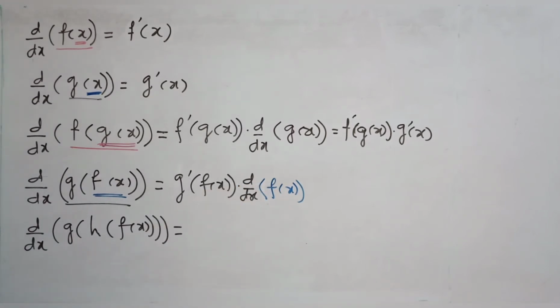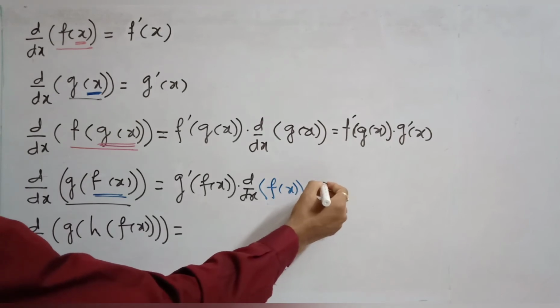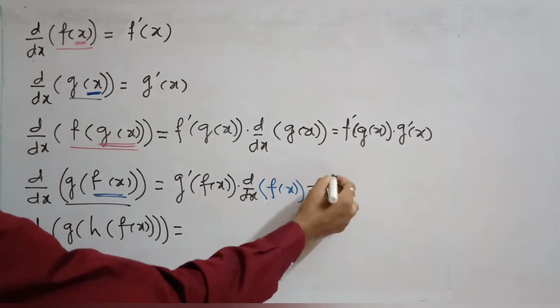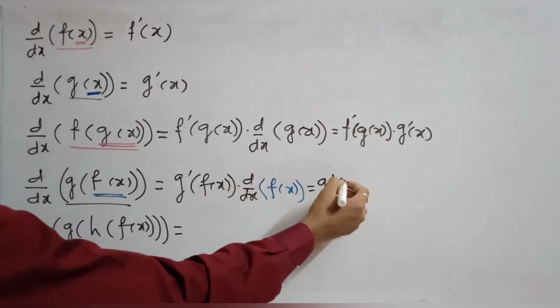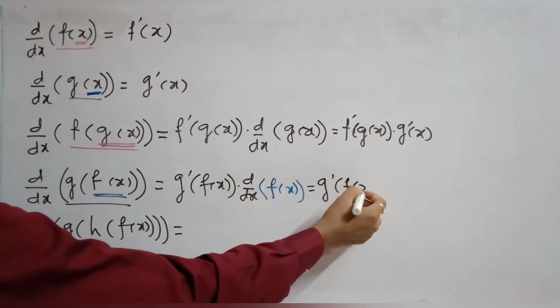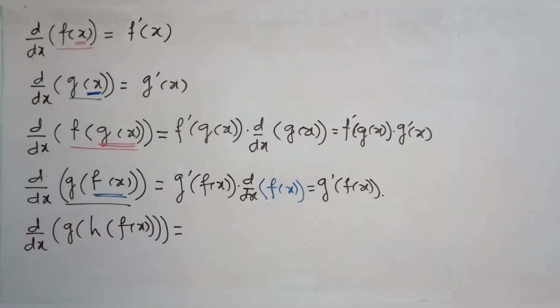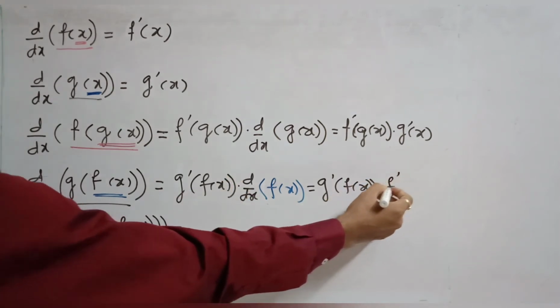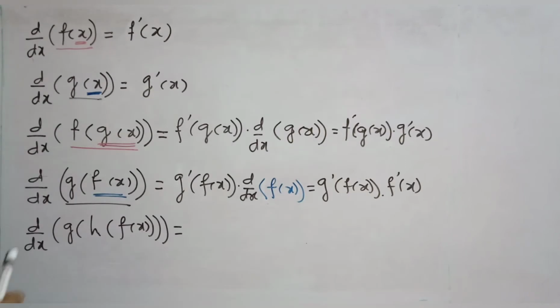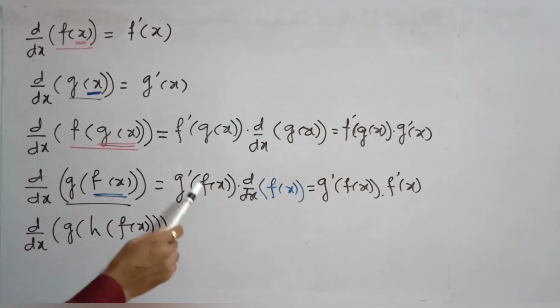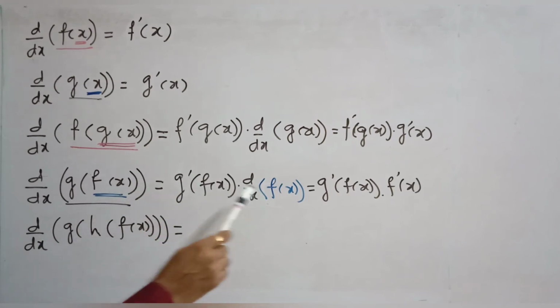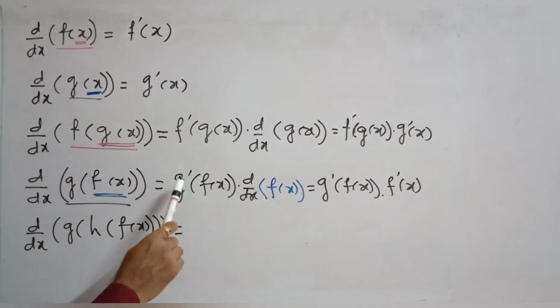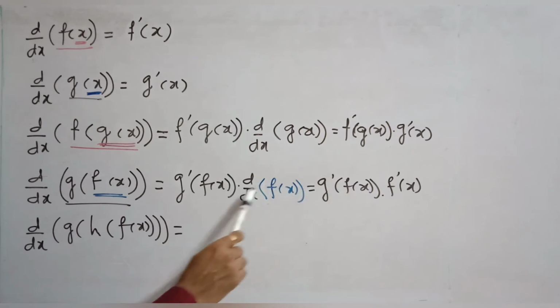So in the final form I may write this as g dash f(x) as it is, into d by dx of f(x), which is g dash f(x) into f dash x.